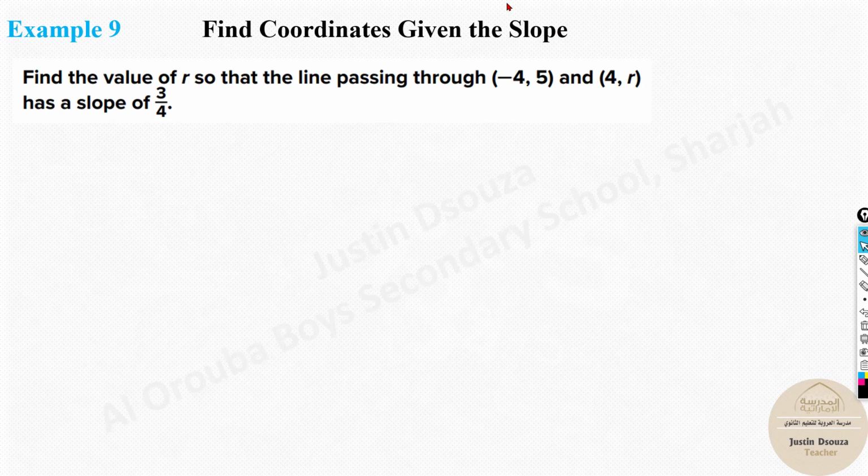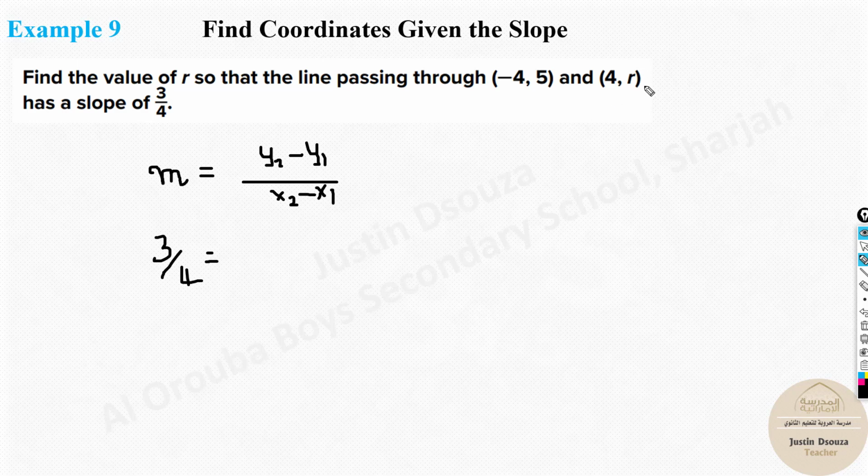Now here, these are interesting problems because we have to find the value of r and the slope is known. There are 2 points over here, x and y, but the x2 and y2 is not visible. It's r. But now, how do we solve this? Let's write the slope. Slope is given by m, the slope formula. It's y2 minus y1 by x2 minus x1. Now here m is given as 3/4, equal to, y2 is unknown.